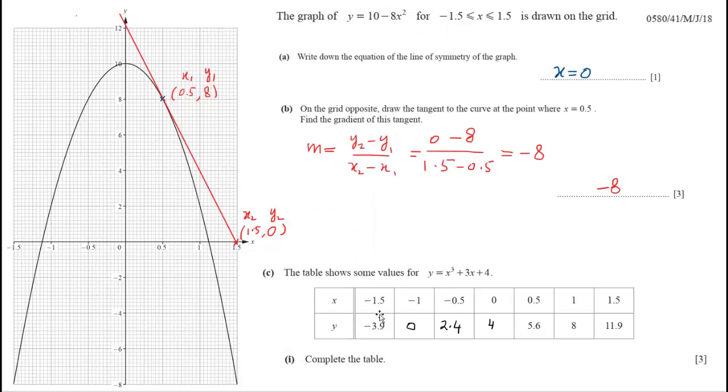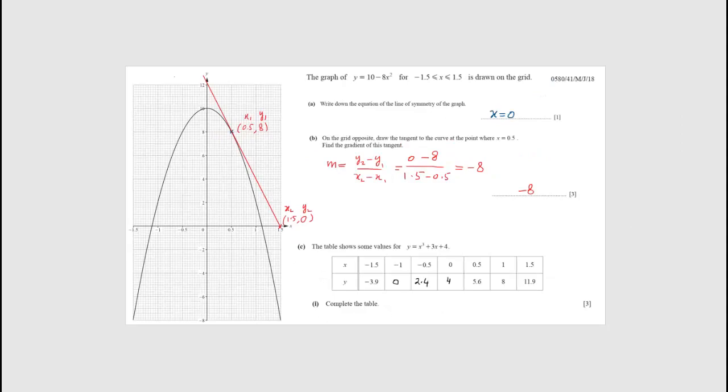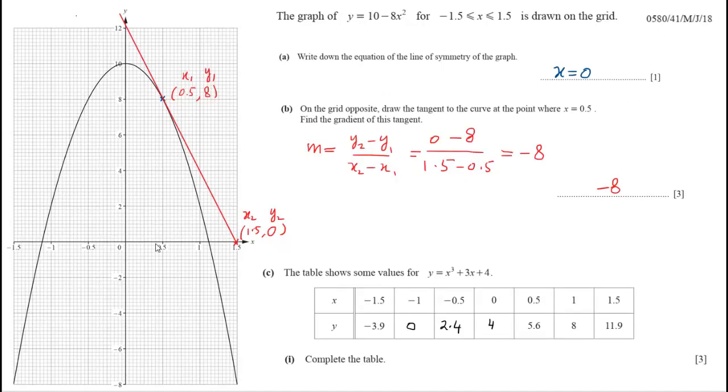Okay, so the first point is minus 1.5 and 3.9. Then minus 1 and 0, then minus 0.5 and 2.4.